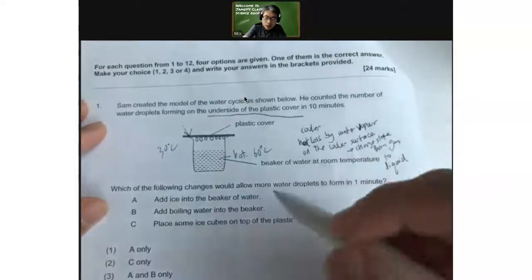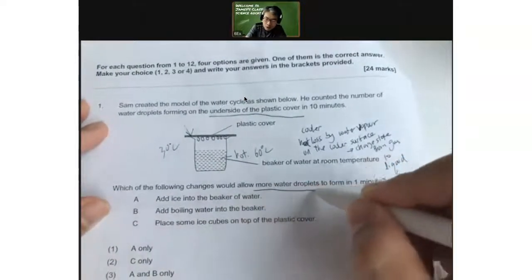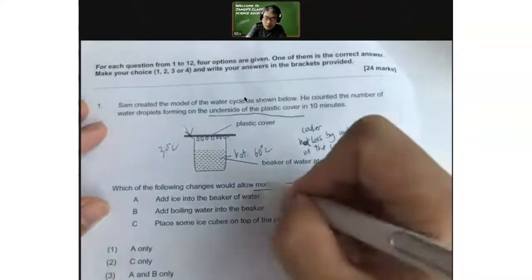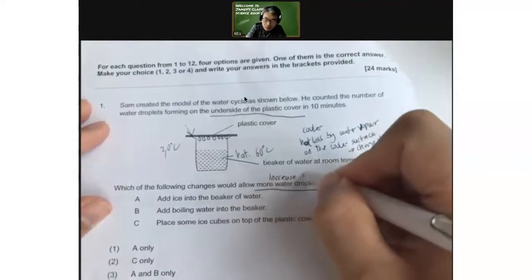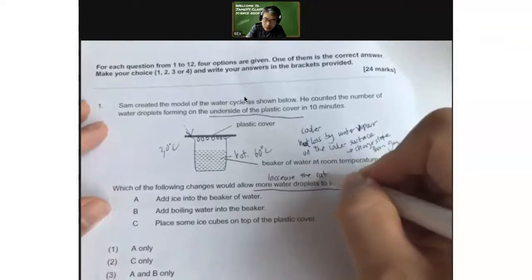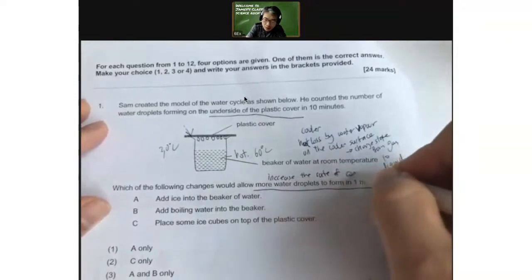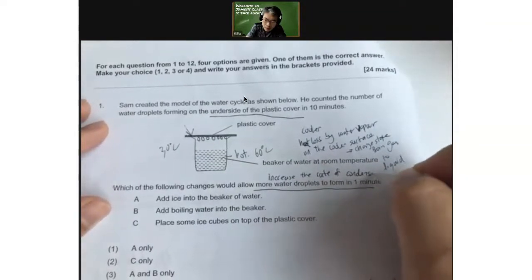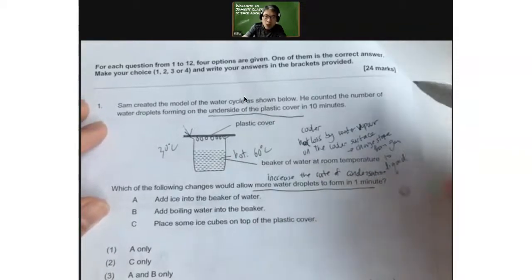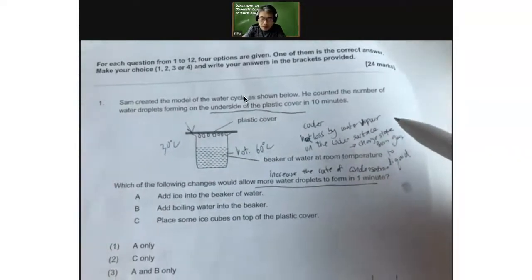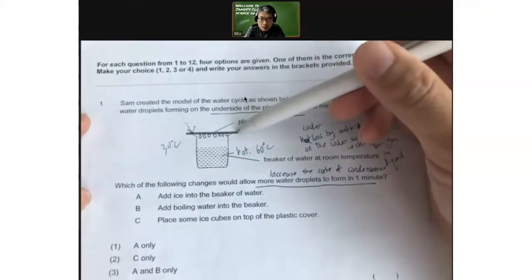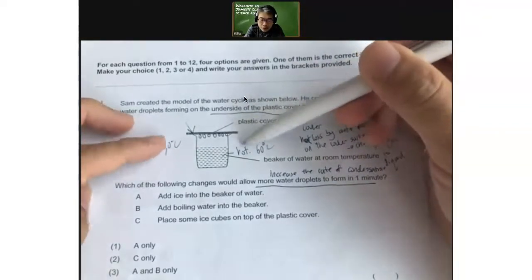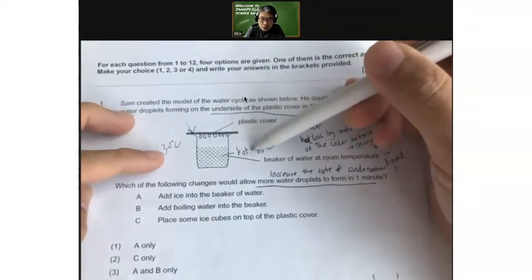So how can we have more water droplets form in 1 minute? In other words, they're asking how can we increase the rate of condensation? Well, there are two ways. First thing, if we can increase the temperature difference between the cooler surface and the hot water, that will work.